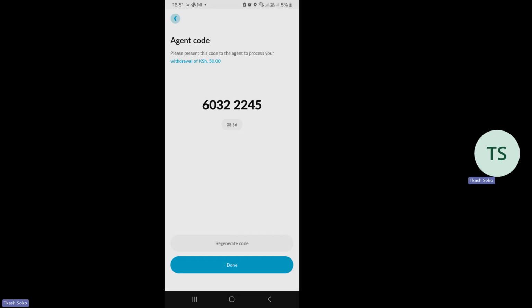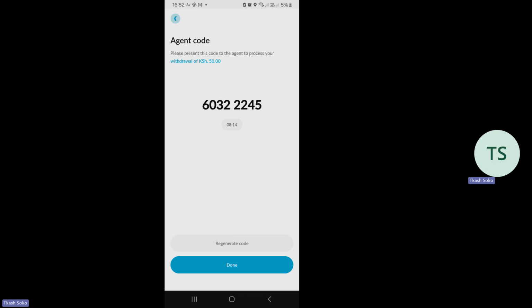What does that mean? Agents wako spread everywhere in the country. Even in a city like Nairobi, a city like Kisumu, a city like Mombasa, there are so many agents. If you go to small towns, for example, name your town, you will find either a KCB bank agent or a Telkom Kenya agent. So those are the people you can withdraw your money from.